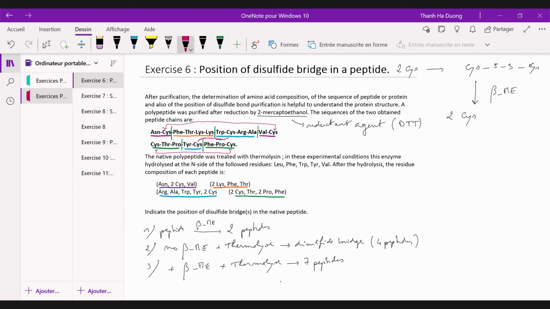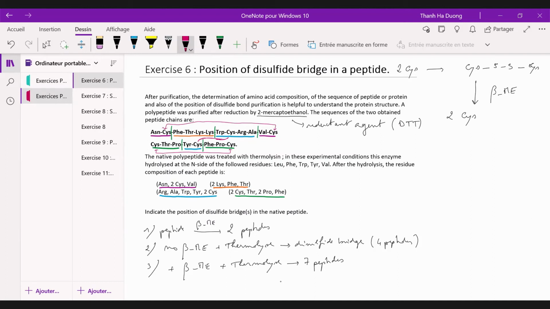So let's take the first peptide, asparagine cysteine. It should be linked to another peptide, otherwise you will obtain a peptide of 2 amino acids. It's not the case. You have a peptide with 4 amino acids containing 1 asparagine.